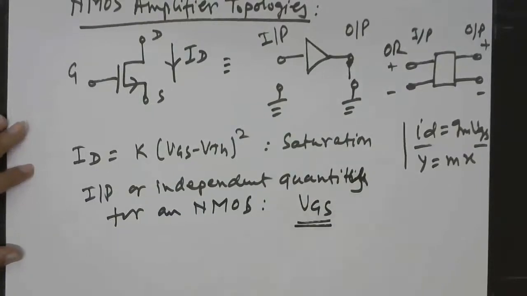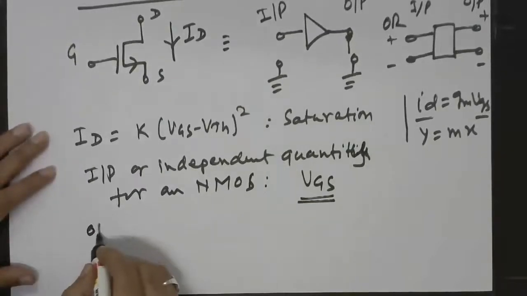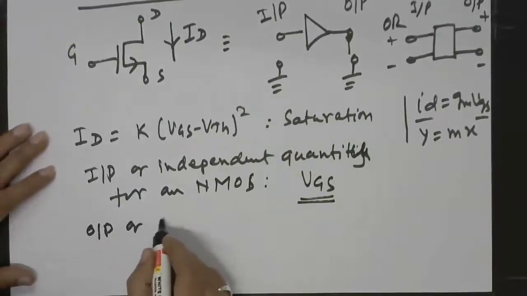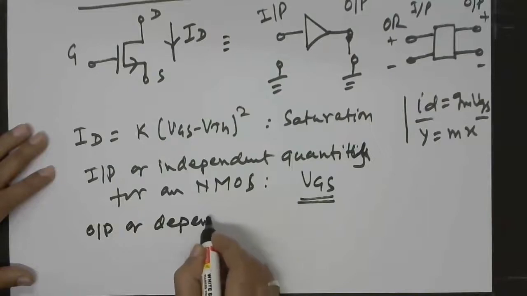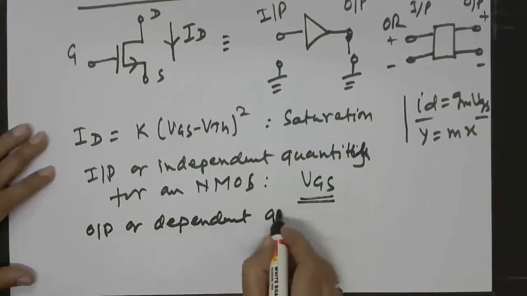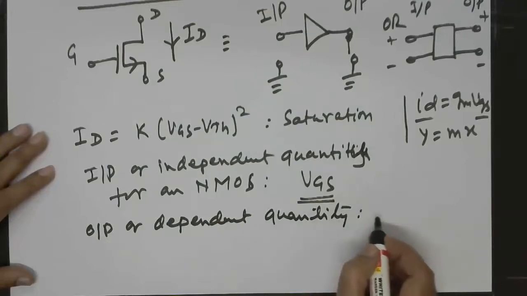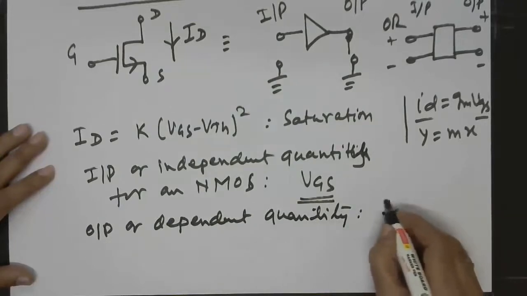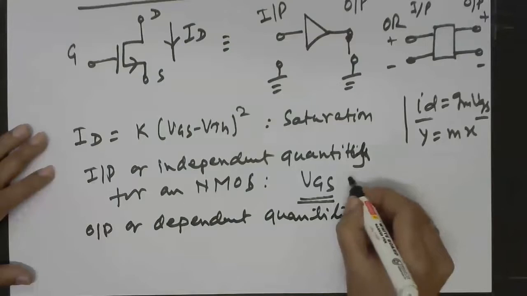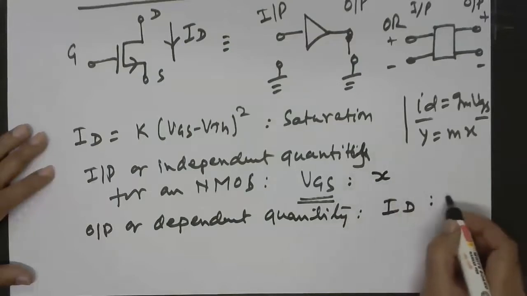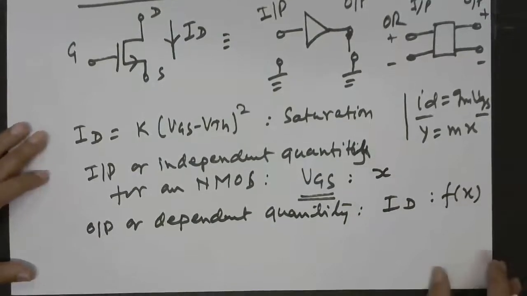So this is the input quantity, and this will determine the output or dependent quantity, which is the drain current. So this plays the role of X and this plays the role of f of x.